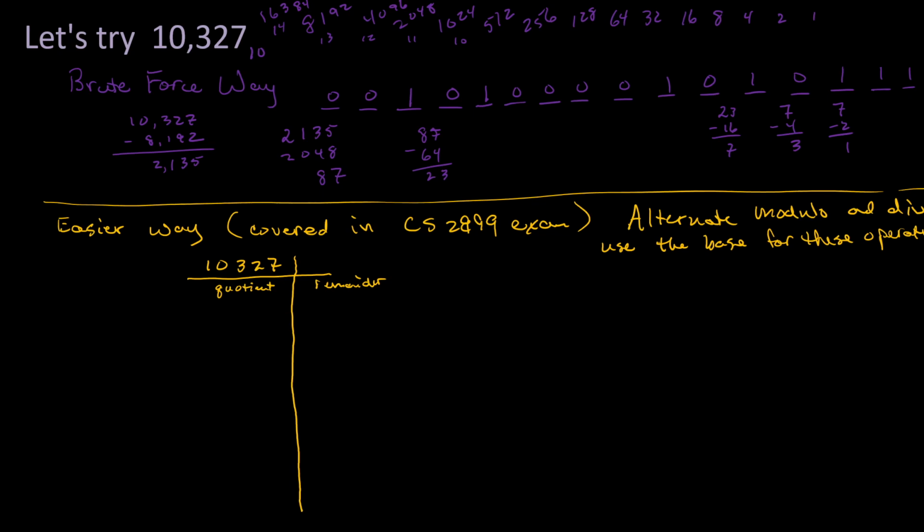Binary is base 2, so I'm going to be doing modulo 2 and division by 2. So to go from base 10 to base 2, I do modulo 2, and then I do division by 2. My remainder is my modulo.